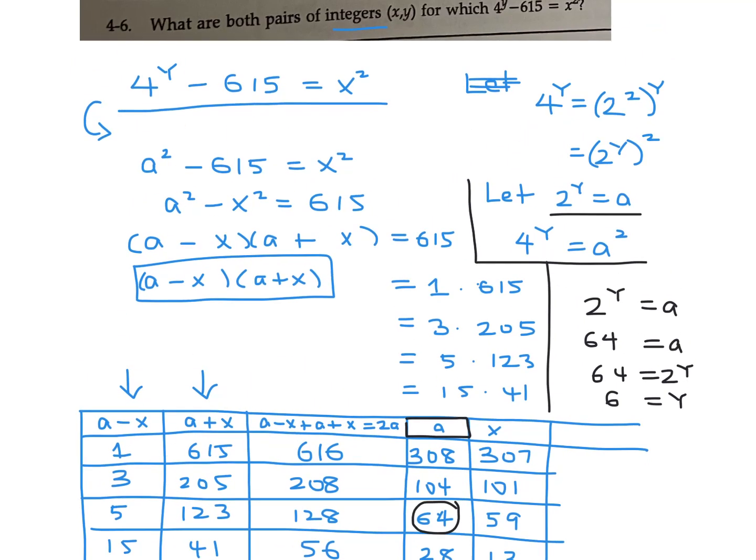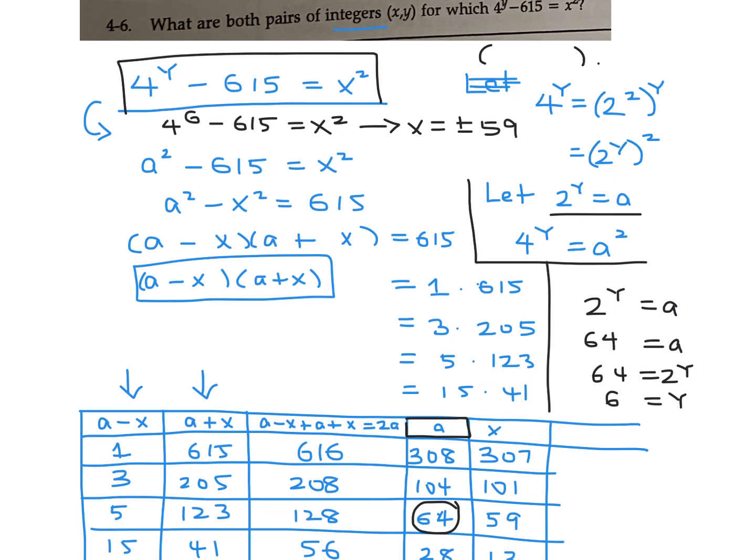Oh, we go back to the original equation. 4 to the power of 6 minus 615 is x squared. Solving that, you'd get x is equal to plus or minus 59. So I guess the solution, x, y, two solutions: we have 59 and 6, and we have minus 59 and 6.